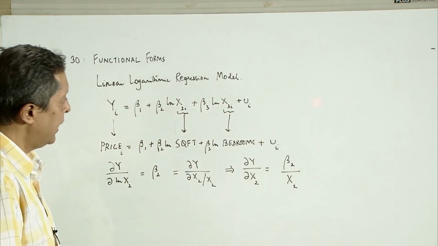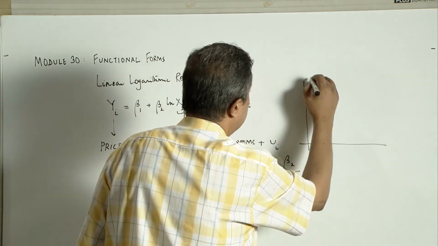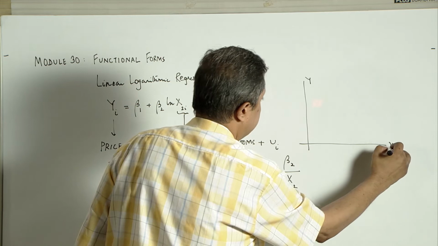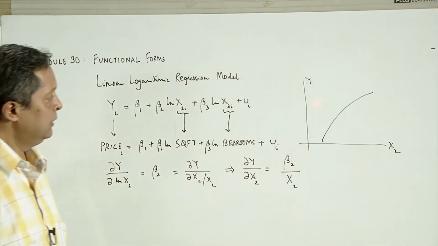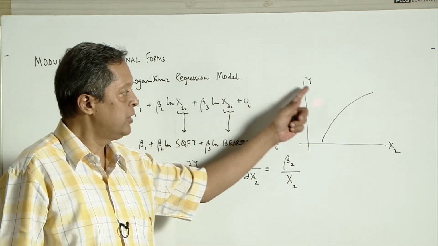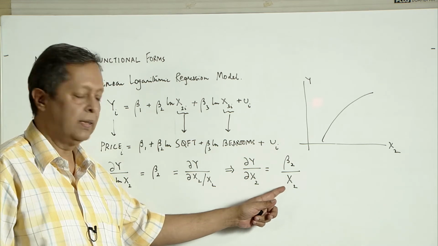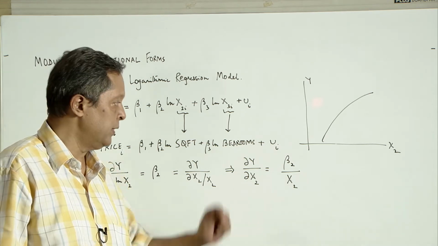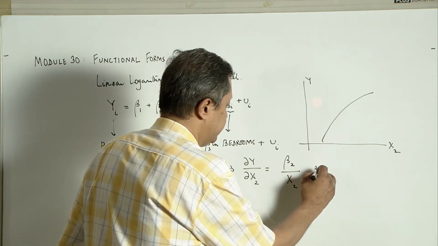So, if we draw a diagram showing y and x2, then the diagram would look like that. The slope of y with respect to x2 gradually decreases as the magnitude of x2 increases, assuming of course that beta 2 is positive.